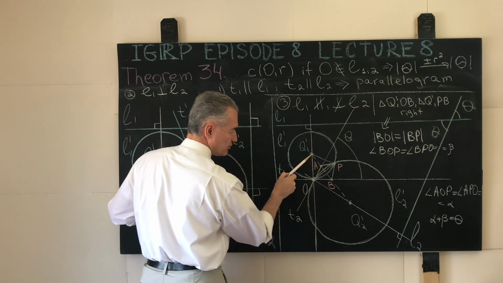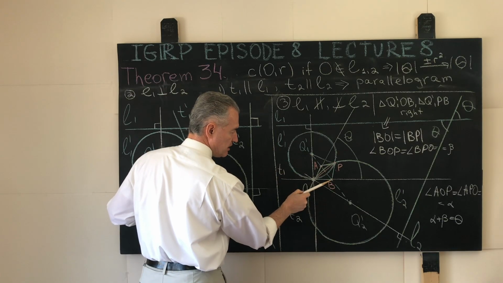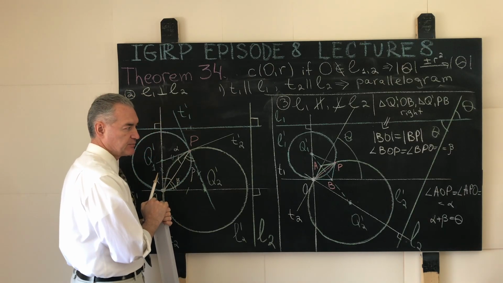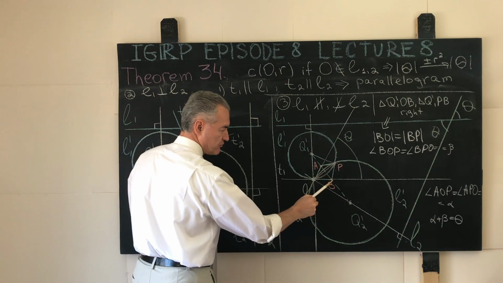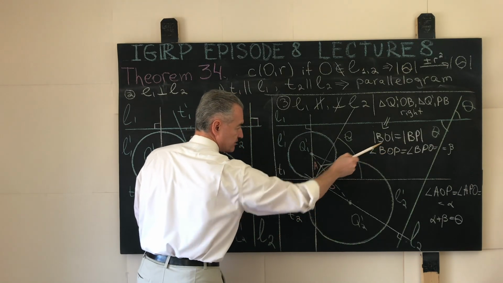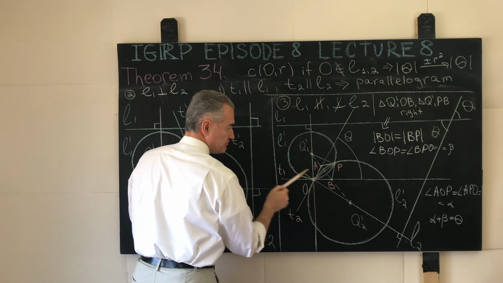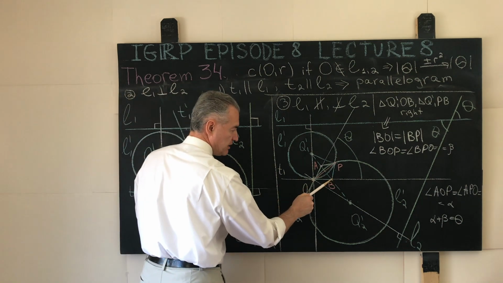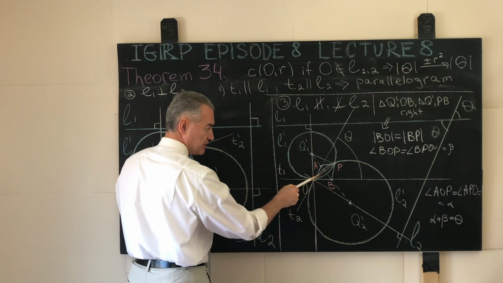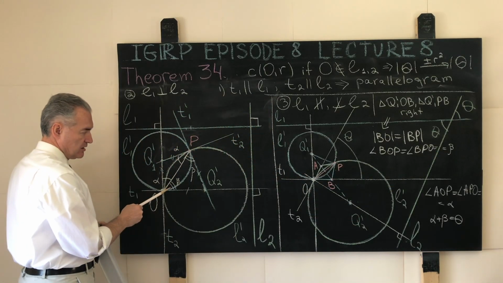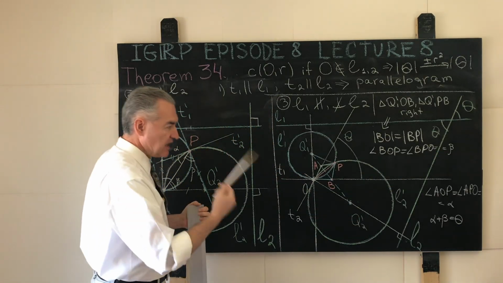So with the shared hypotenuse Q'1 B, right triangles, by the Pythagorean theorem, the remaining sides must be equal. So the length of the line segment BP must be the same as the length of the line segment BO. The corresponding triangle OBP must be what? Isosceles. This length is equal to this length. Correspondingly, again, beta equal to beta. I showed over here these angles are the same.